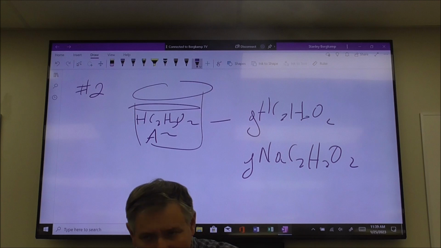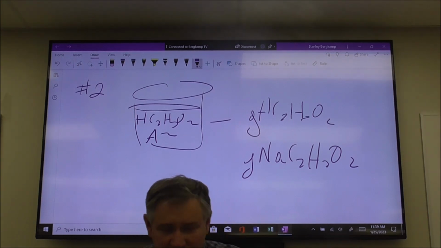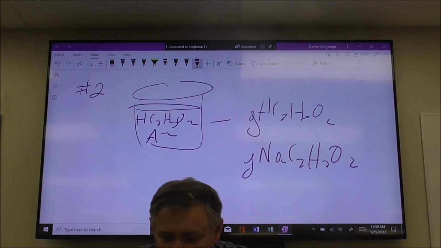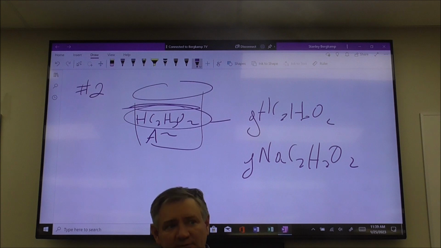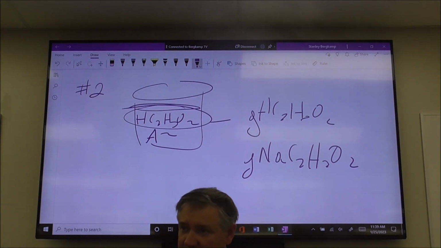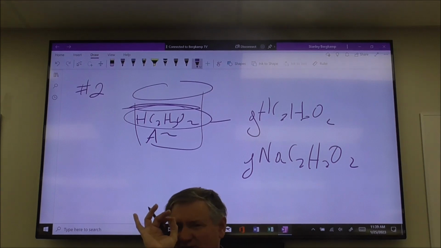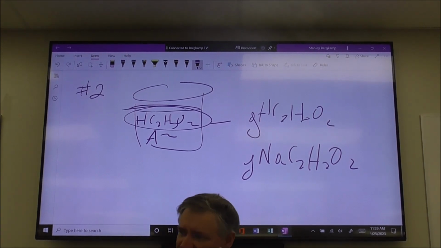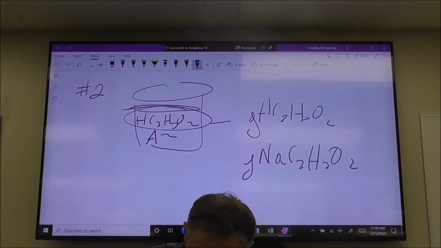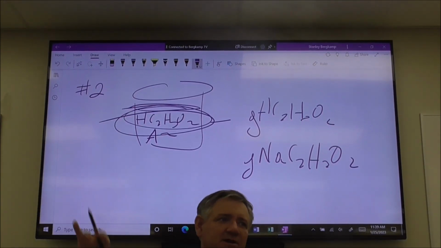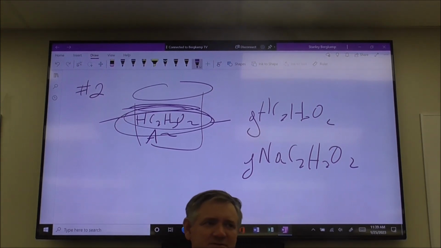If all you had was acetic acid, no buffer, no sodium acetate, the only thing that would basically exist is the molecular form of that acid. You'd have a tiny number of anions floating around, but not very many at all. The vast majority of the fish in that ocean would be the molecular form.